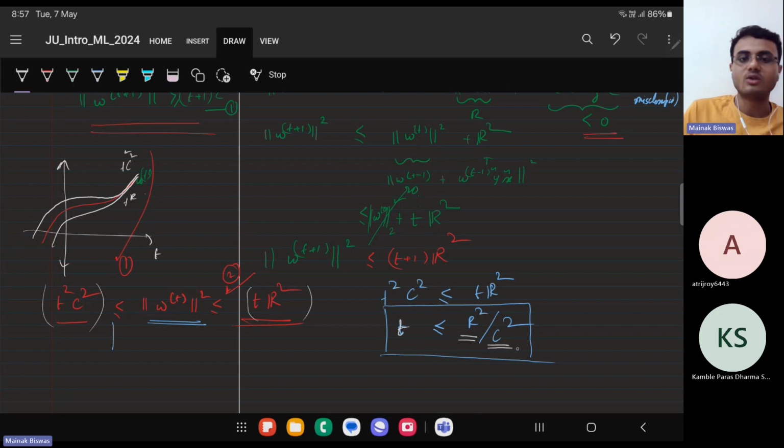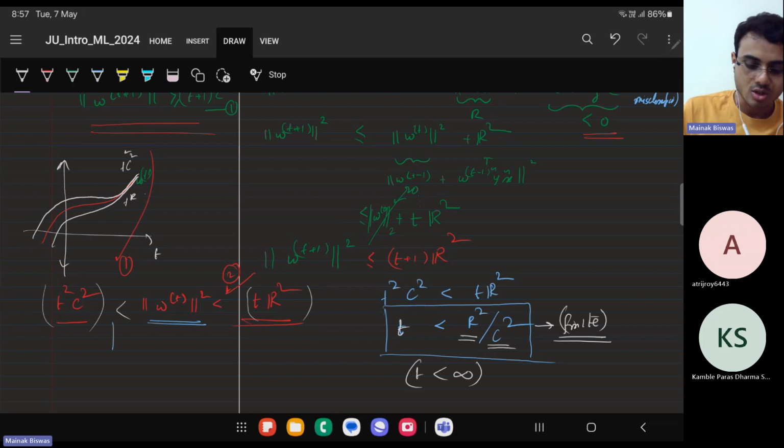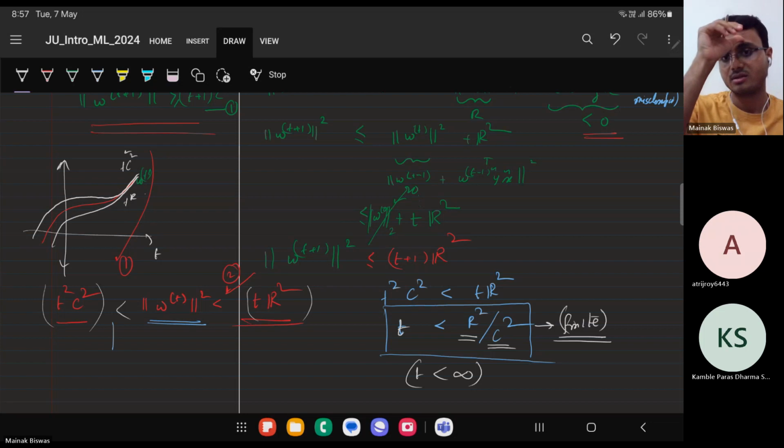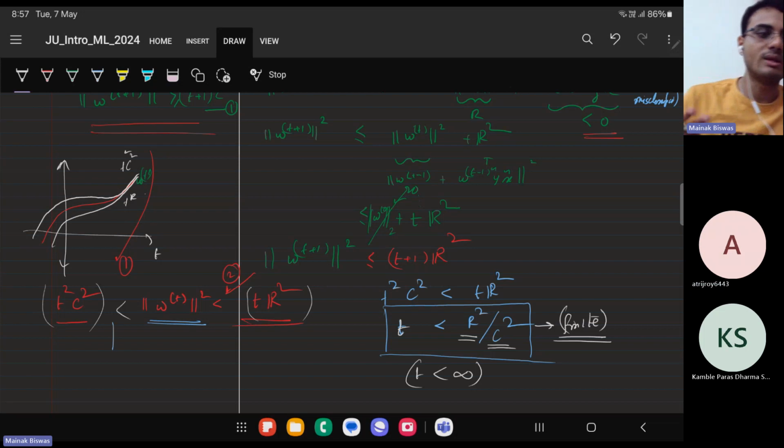So your r square by c square is finite, right? This is a finite value. These two are fixed values. t is less than infinity for sure. So for t less than infinity, both will become equal, right? Wt has to be equal to them and it cannot change after that, right? Yes, by the sandwich theorem, it cannot change.